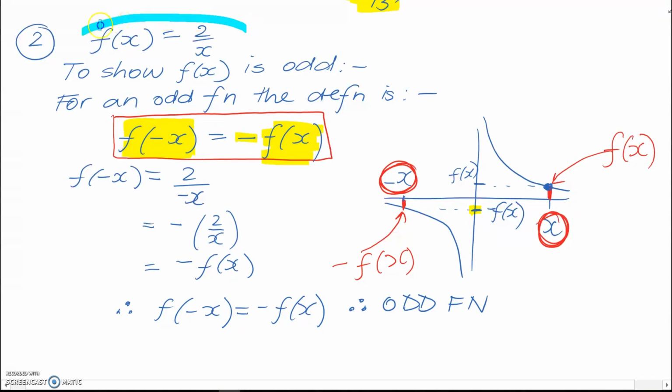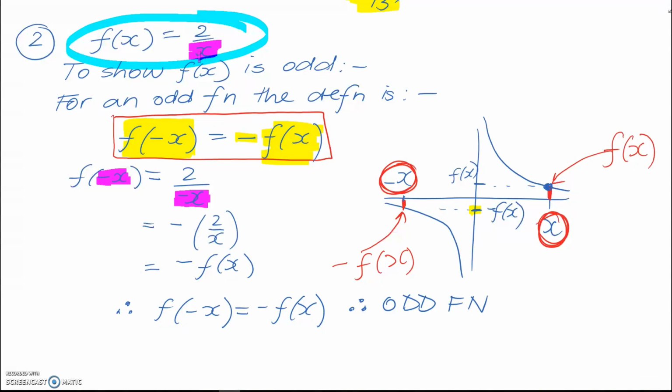So they've given us this particular one, and we've got to show that it's odd. So I'm going to follow that definition. I'm going to put minus x into that function and see what happens. See this minus x? Let's put it into the function. Well, the function says that you put x in there. My x this time is negative x, so let's put it in there.